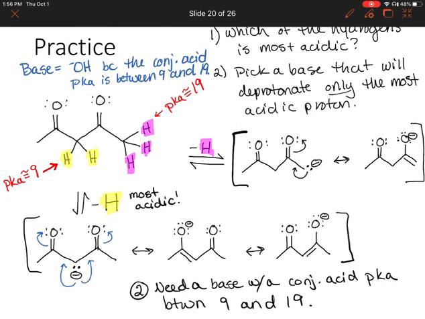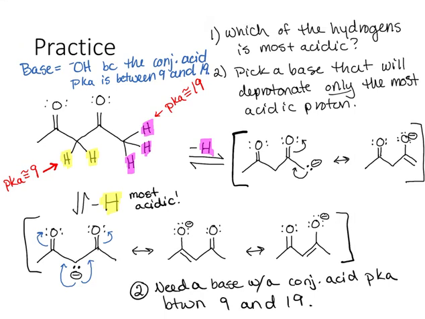It can't deprotonate the purple hydrogen. We would need something with a larger pKa value for that. I hope that helps you better understand how we choose a base for a particular acid. We also saw this example in particular where we had two different types of hydrogens and needed to pick a base that would only attack one of them.